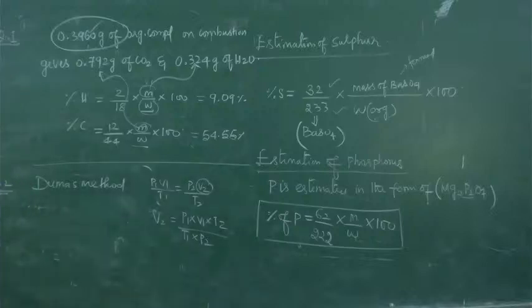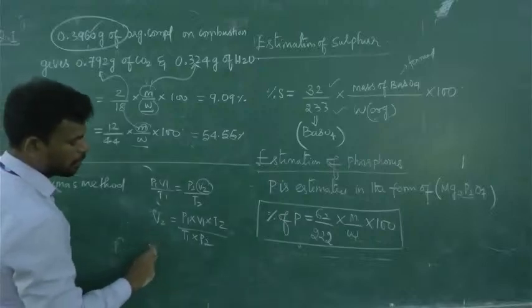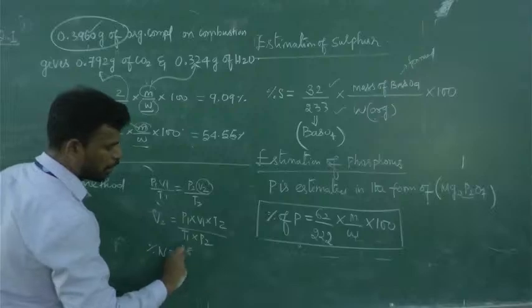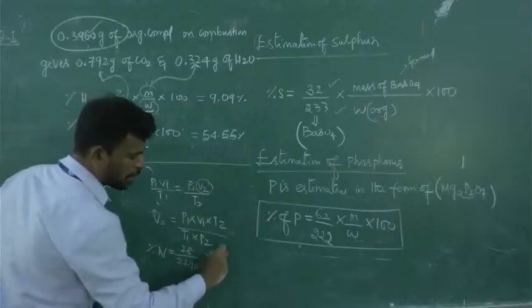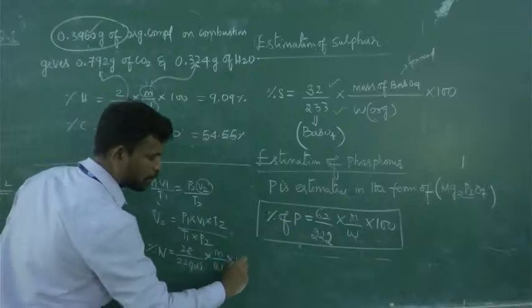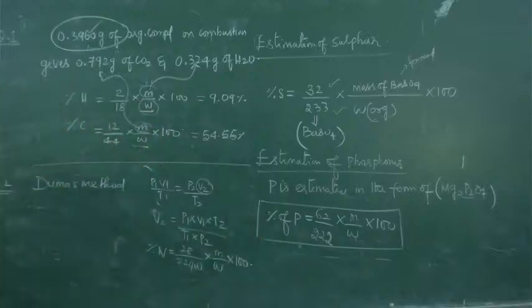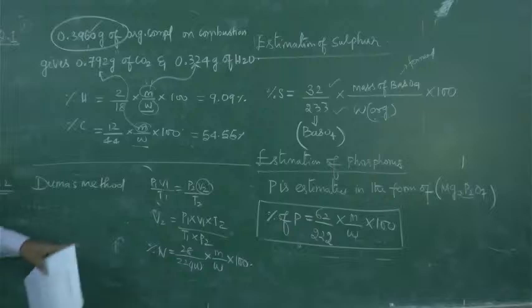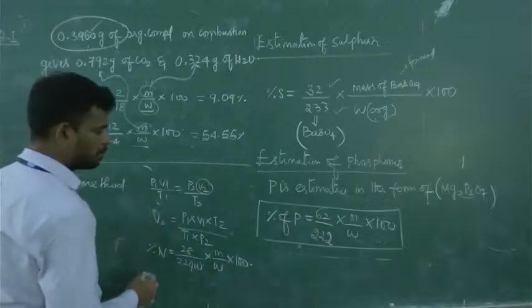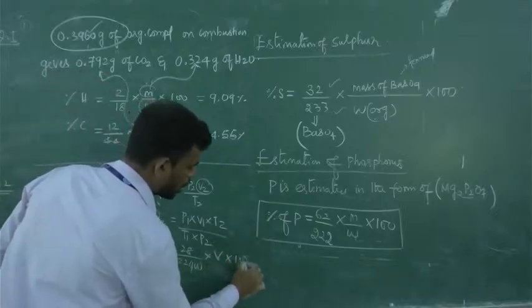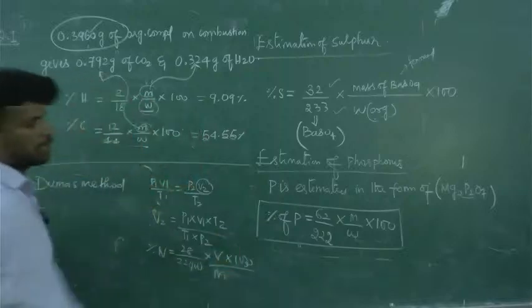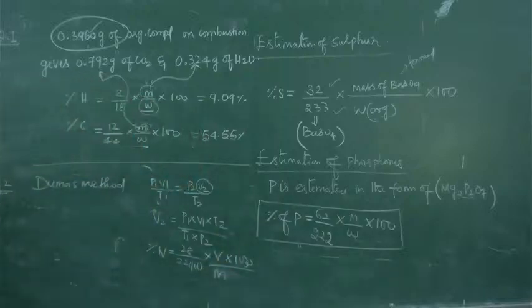Is it clear? Yes or no? Next formula, what is the percentage of nitrogen? 28 by 22,400, into volume of N2, divided by W, into 100. This is the formula you have to write immediately. Is it clear? So what we calculate here is volume into 100 divided by mass. Okay.